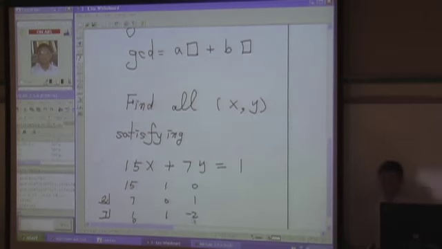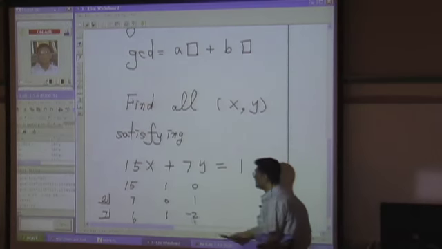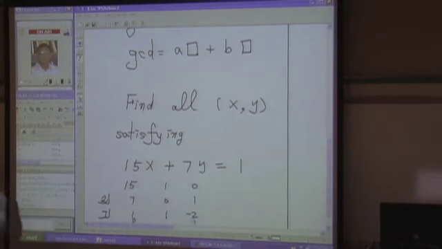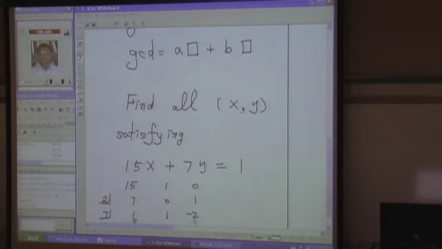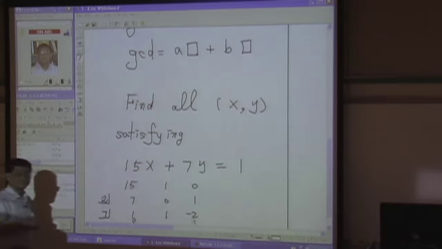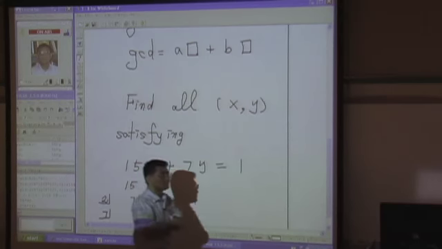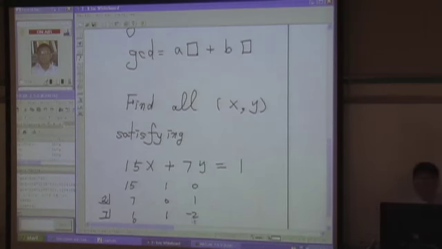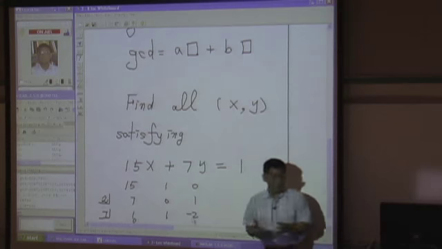So I found x and y. x is 1, y is negative 2, but this isn't the only one. In the future, I will let you know the theory to find all the solutions, not just this one, but other cases are possible. Do you follow me or not?